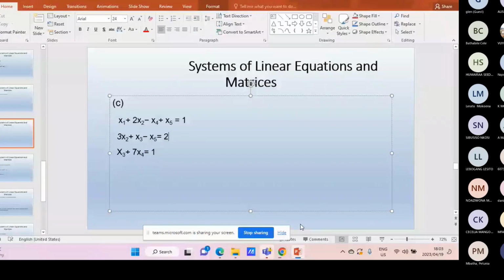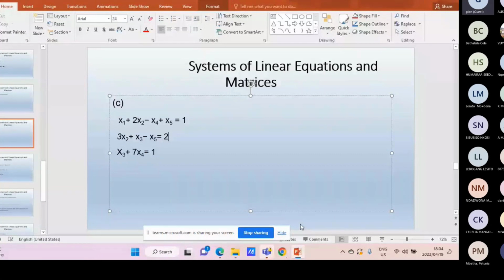Do we agree? Thank you. Then we already know what x5 is: we let it be t. x4 was let to be s. Now we know x3 is minus 7x4 plus 1. In the place of x4, we put s. Do we agree? Yes, we agree. Thank you.